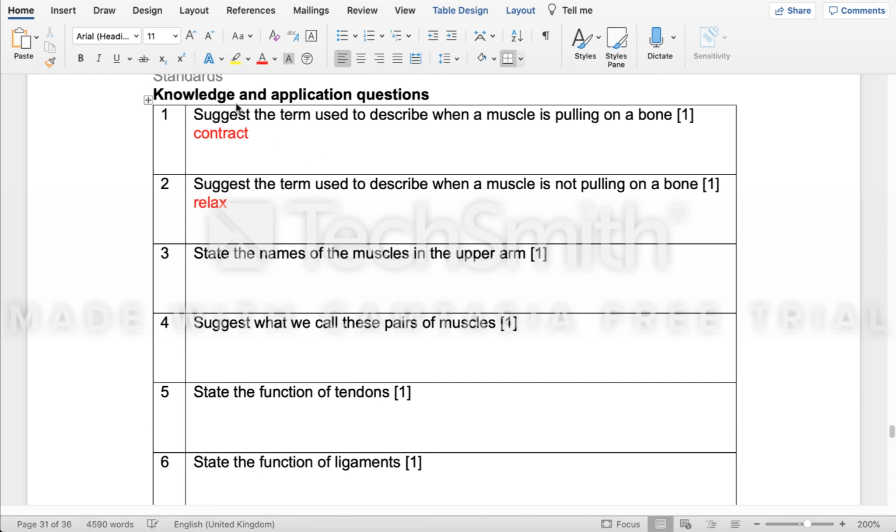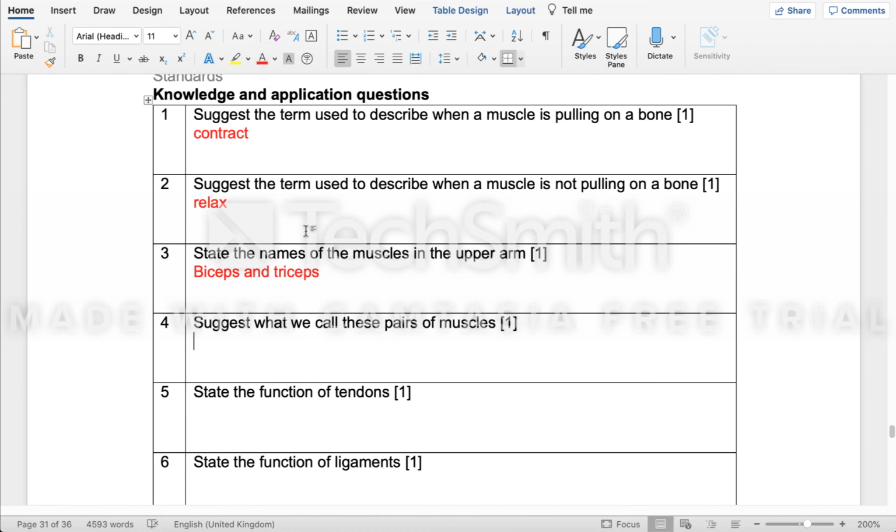Number 3, state the names of the muscles in your upper arm. Above, between your shoulder and your elbow, you have two big muscles, and those muscles are going to be your biceps and triceps. It's actually quite important to know what the name of these muscles are because it helps you understand what part of your body is moving.